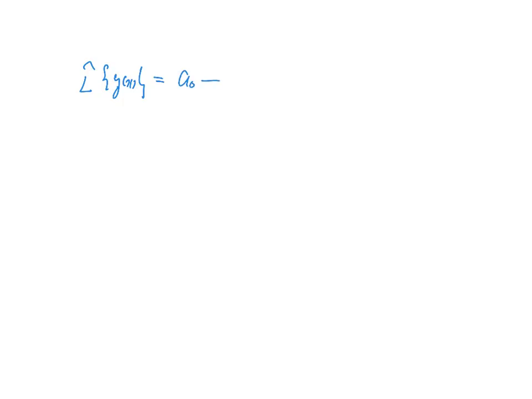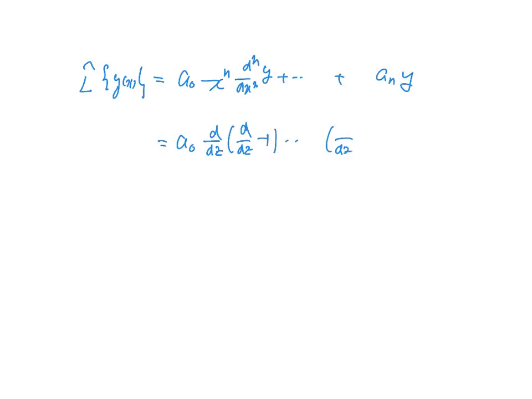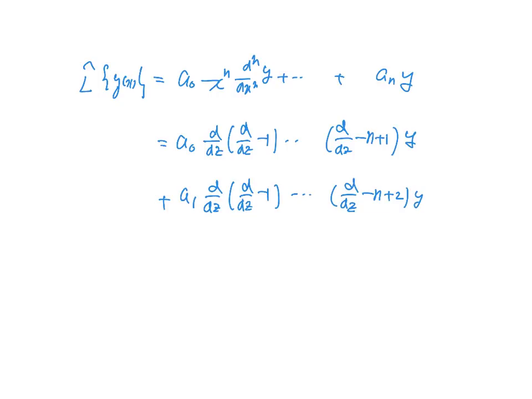So a0 x^n d^n y/dx^n up to a_n y can be transformed into the following equation: a0 d/dz (d/dz minus 1) up to (d/dz minus n plus 1) y, plus a1 d/dz (d/dz minus 1) up to (d/dz minus n plus 2) y, and so on, plus a_n y.